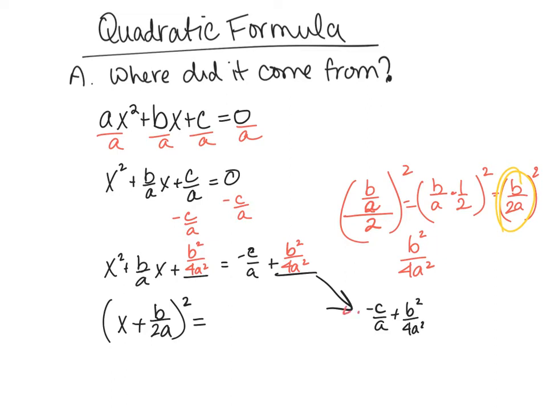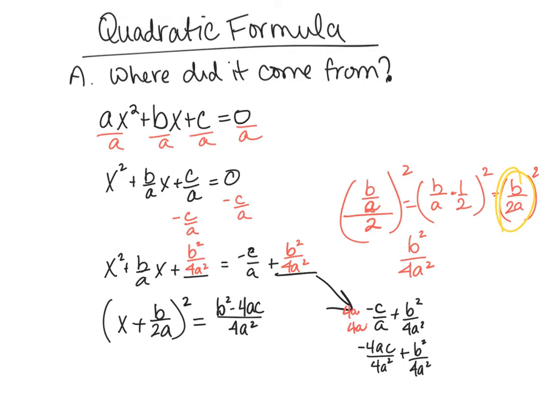We need to multiply by 4a to get a common denominator, because if I multiply a by 4a, I get 4a squared. So I end up with negative 4ac over 4a squared plus b squared over 4a squared, which, putting the positive one first, since the denominators are the same now, is b squared minus 4ac over 4a squared.